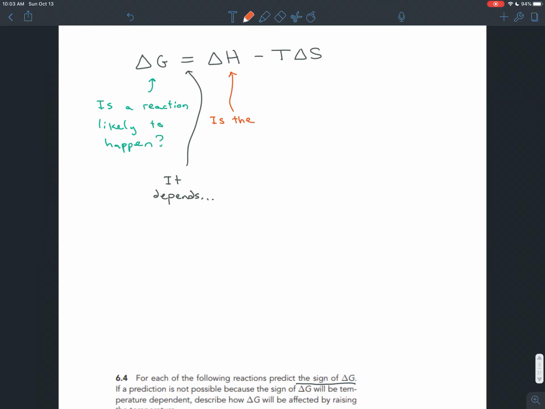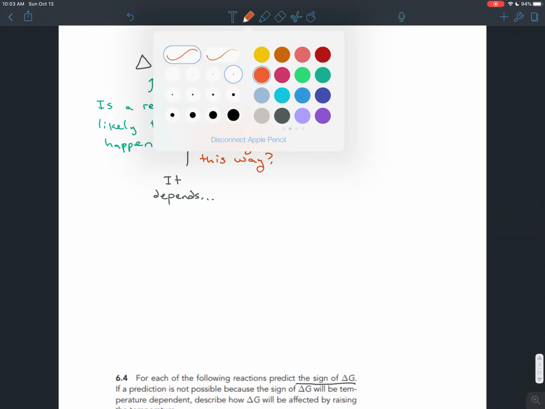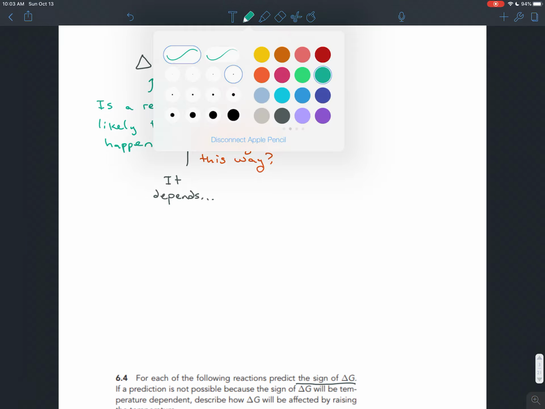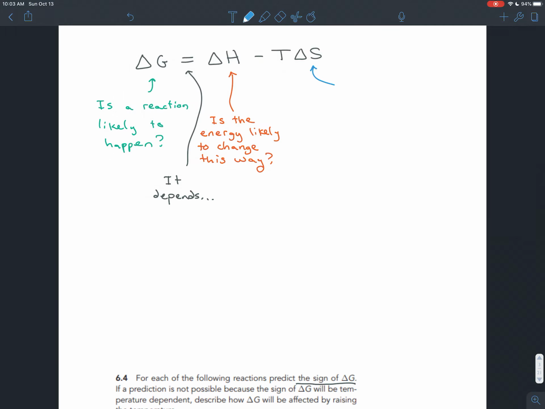Is the energy likely to change this way? And second, it depends on the arrangement of the molecules. Are the molecules likely to change this way?